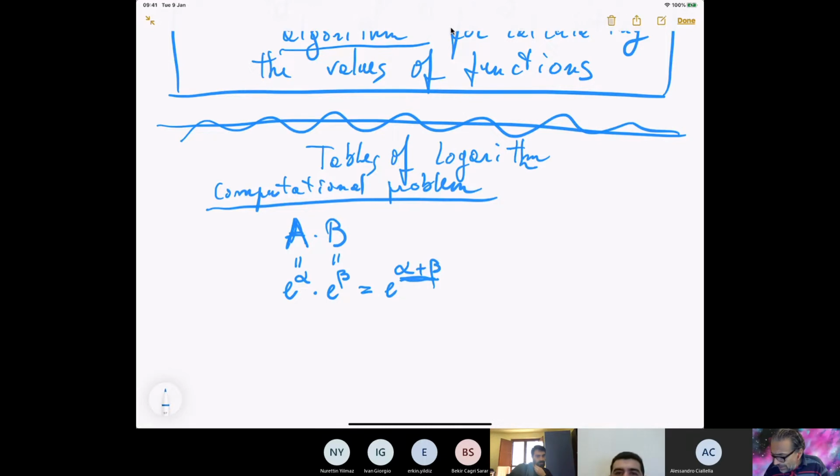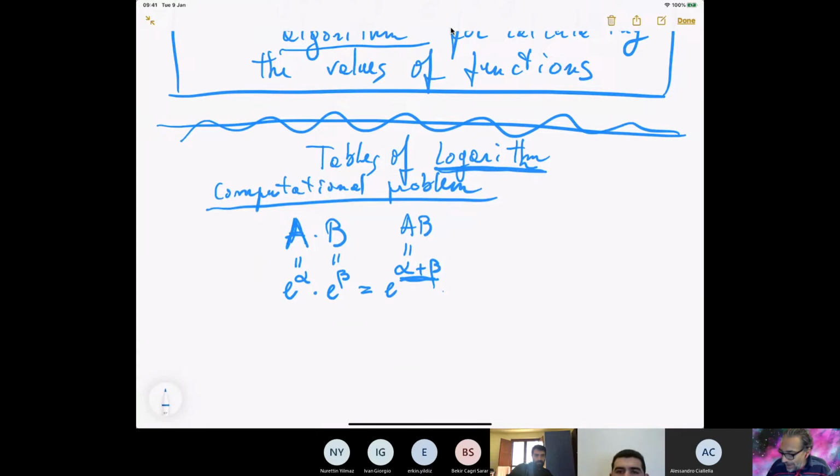And then you calculate the exponential. How? Using the logarithms, get out A times B. So some monk made a lot of calculations. He wrote the result of his calculations in a book, and you can use this book for doing quicker calculations.